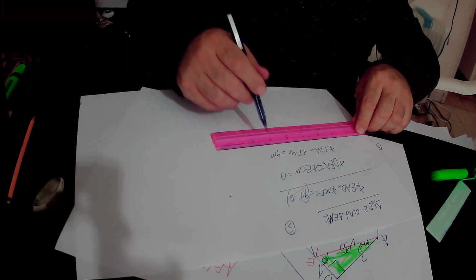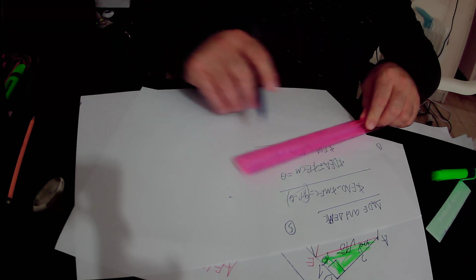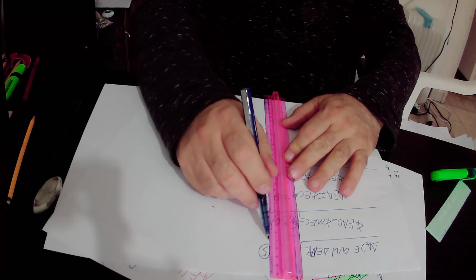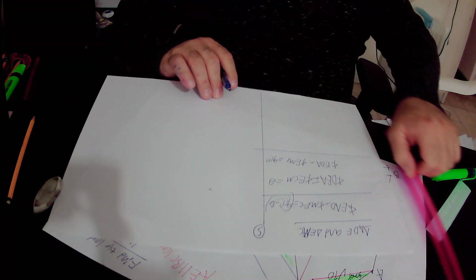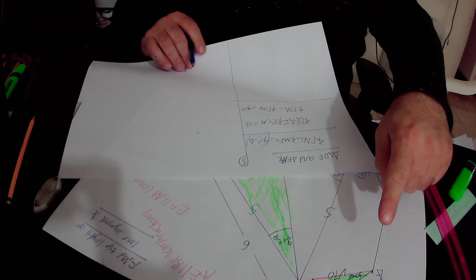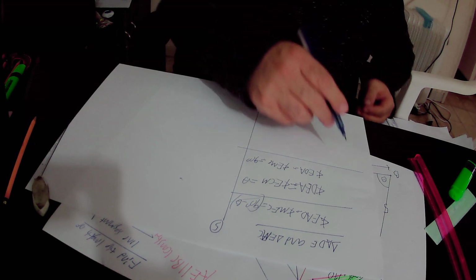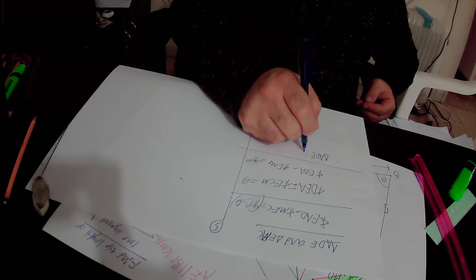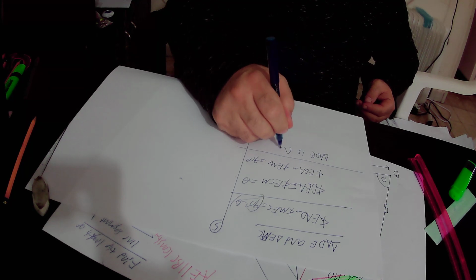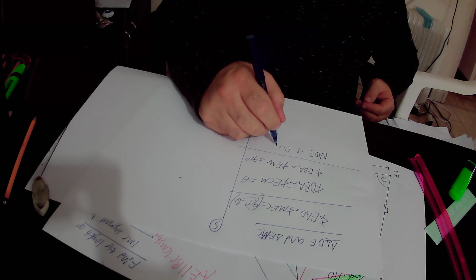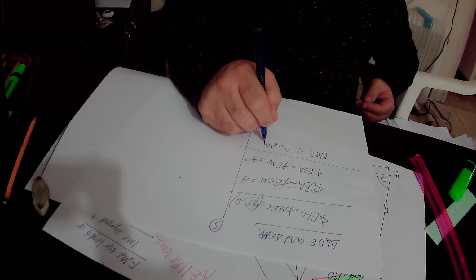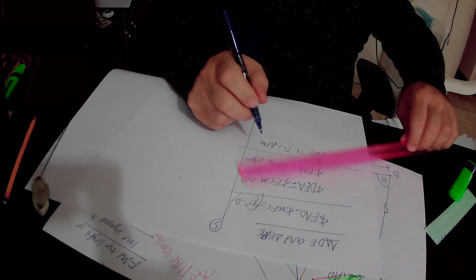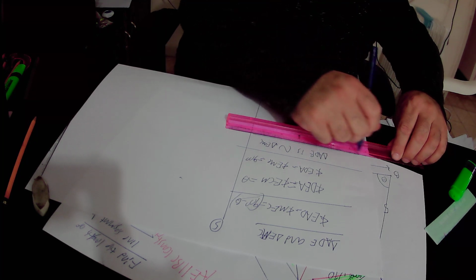Okay, so I write it down. Triangle ADE is similar, this is the sign of similar, to triangle EMC according to the angle similarity rule.